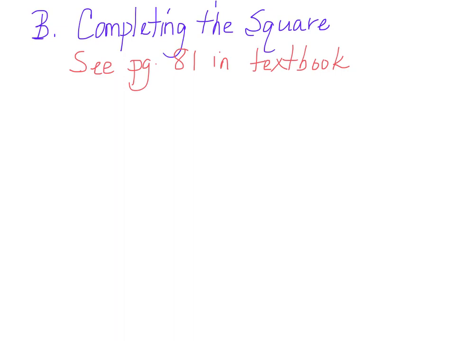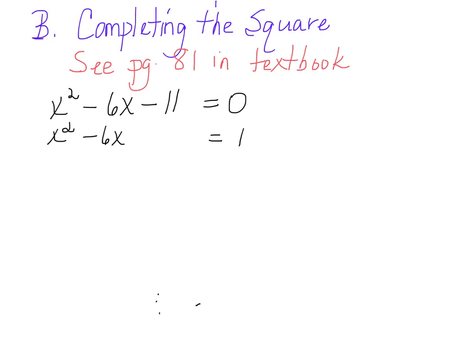Let's say we had this problem, x squared minus 6x minus 11 is equal to 0. First step for completing the square is to move the constant, that is the number that has no variable with it, to the opposite side. So you're going to have x squared minus 6x is equal to a positive 11.